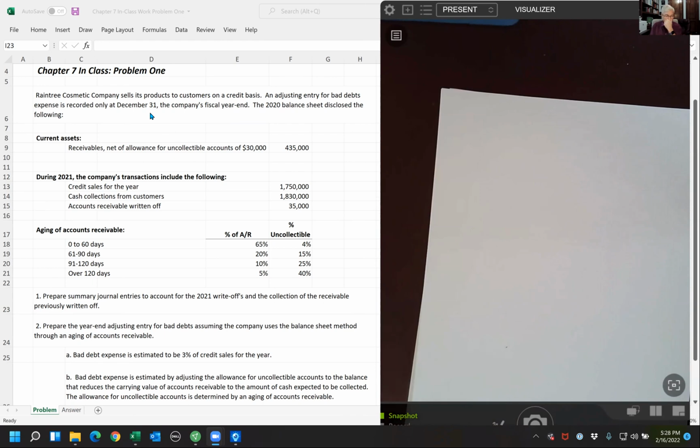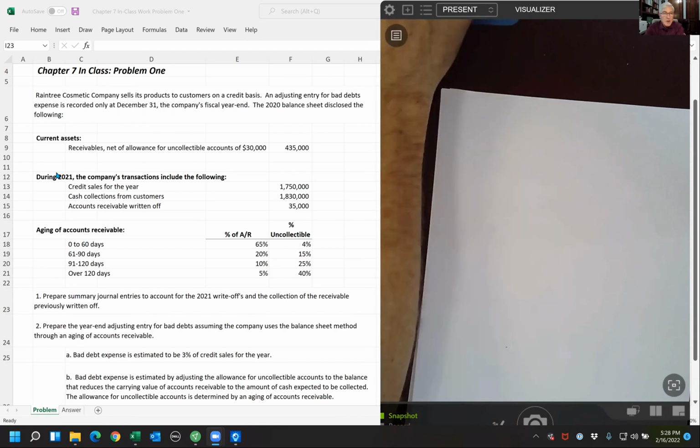So we're going to have activities for the whole year here in front of us, and we'll record these journal entries. Now, at the end of last year, 2020, the receivables, this is on the balance sheet, this is what the line item would look like: receivables, net of the allowance for uncollectible of 30,000, was 435.